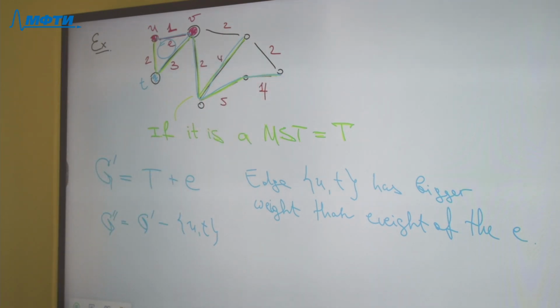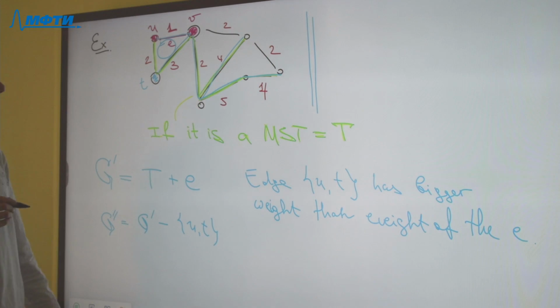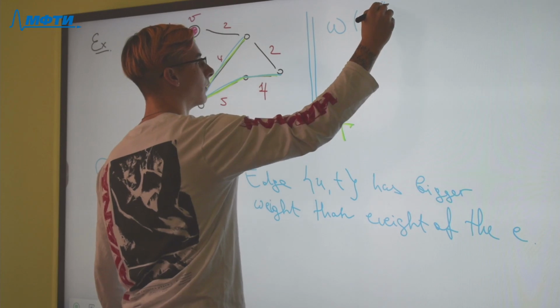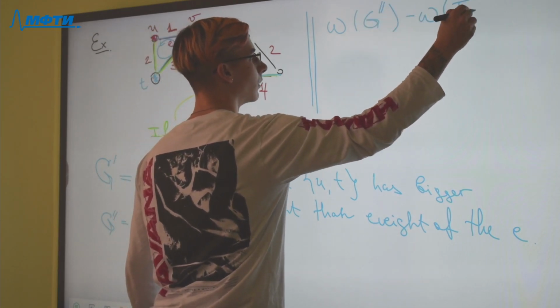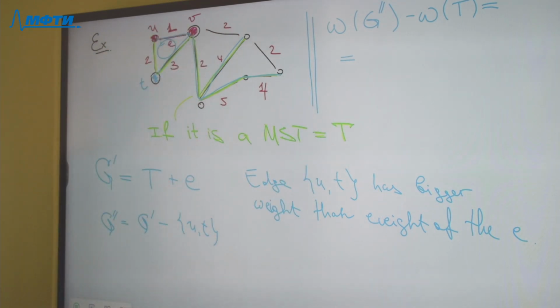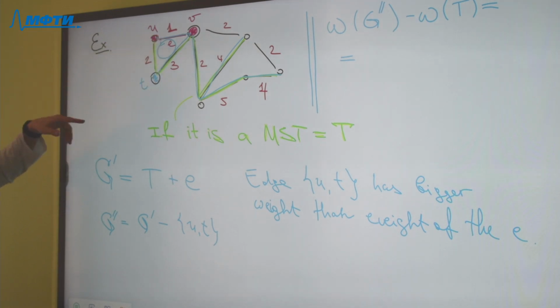And for example, if we find sums of weights of T and G prime, we can see that the difference between them is equal to the difference between the weight of E and the weight of this edge. Yeah? Because all the other edges are in all minimal spanning trees.